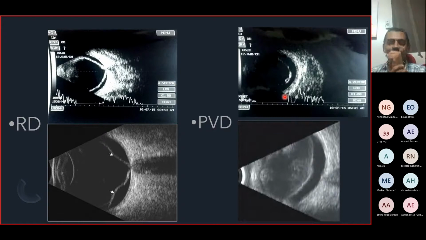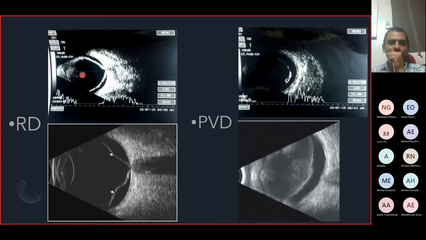So it will reflect more of the ultrasonic energy than the vitreous. This is why it will appear more whitish, and it will have higher reflectivity, very similar to the reflectivity of the sclera on the A vector. On the other hand, the posterior vitreous will be less reflective, so it will be grayish rather than whitish, and it will have less reflectivity on the A vector than the sclera. Okay? Is this clear for you?